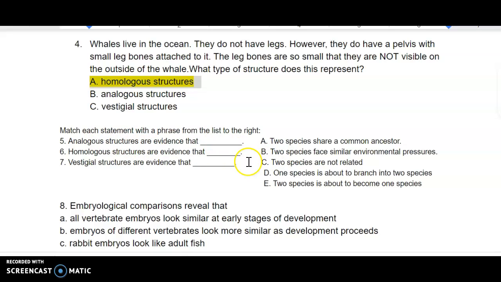So they have similar environmental pressures. Number 6 says homologous structures. Those are the ones that look the same but do not function the same. Homologous structures are evidence that two species had a common ancestor.